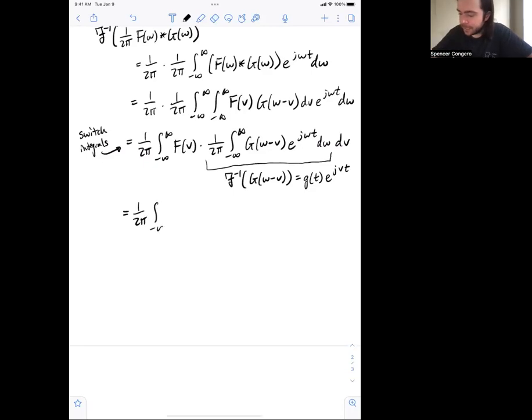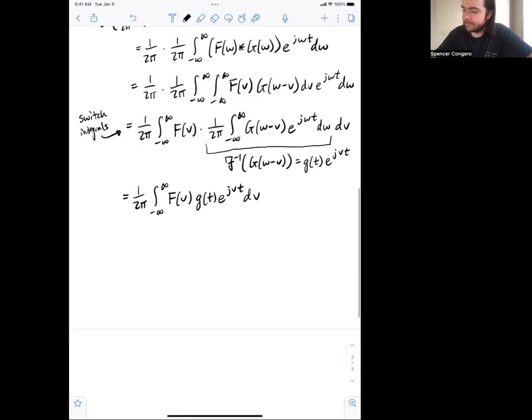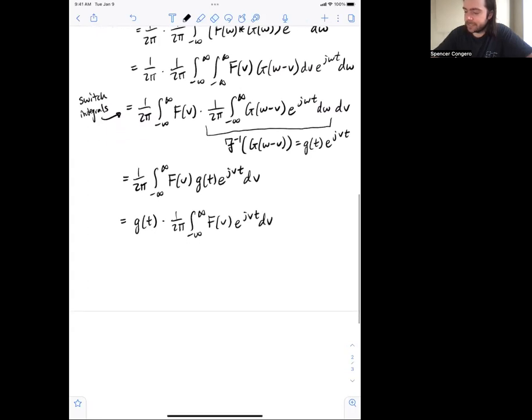And I get 1 over 2 pi, the integral of F of v, now I have g of t, e to the j v t dv. I just plugged in what we just found. Now I can take the g of t out because it doesn't depend on v, and I'm left with 1 over 2 pi times the integral of F of v e to the j v t dv. And what is this?